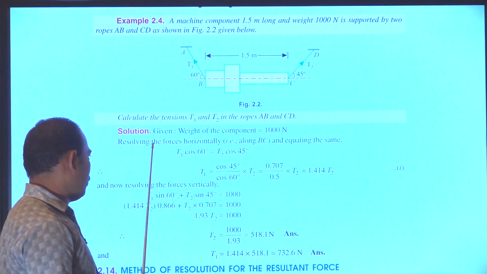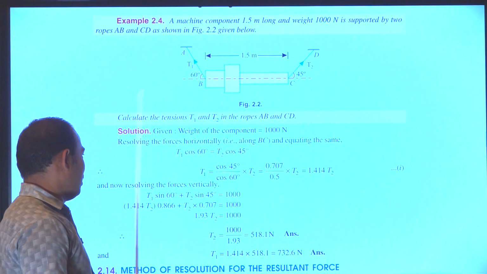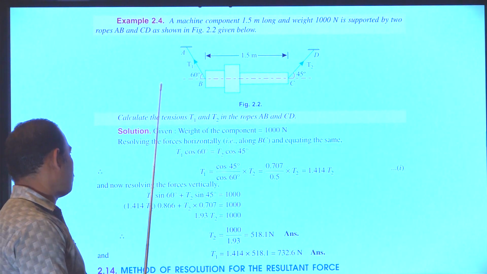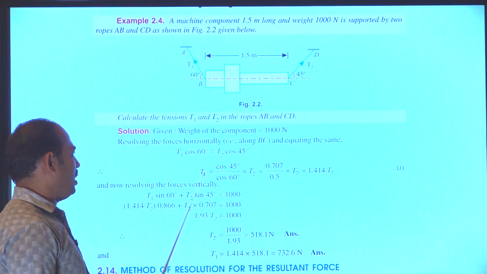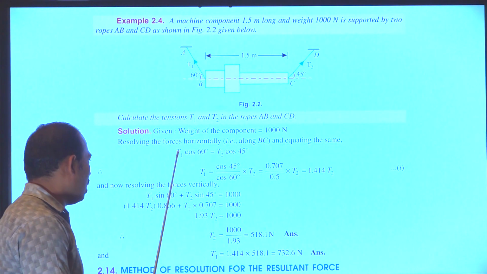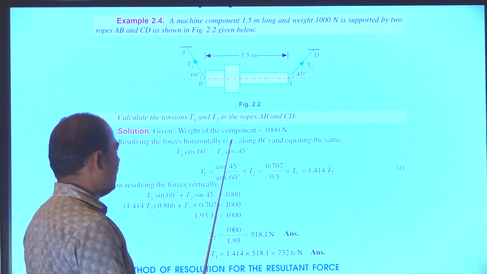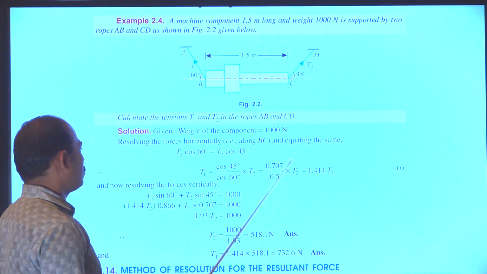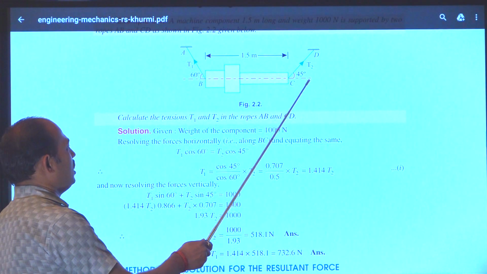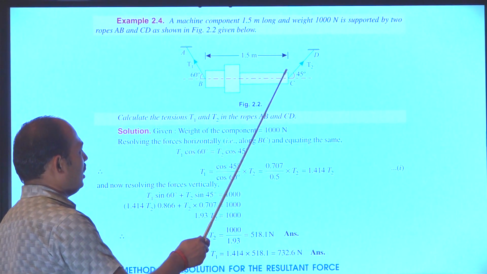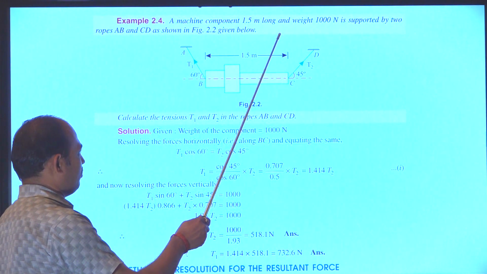First of all, take the solution. The given data: weight of the component is 1000 Newton. Resolving the forces horizontally and vertically, there are two components. T2 has horizontal component T2 cos 45 and vertical component T2 sin 45.